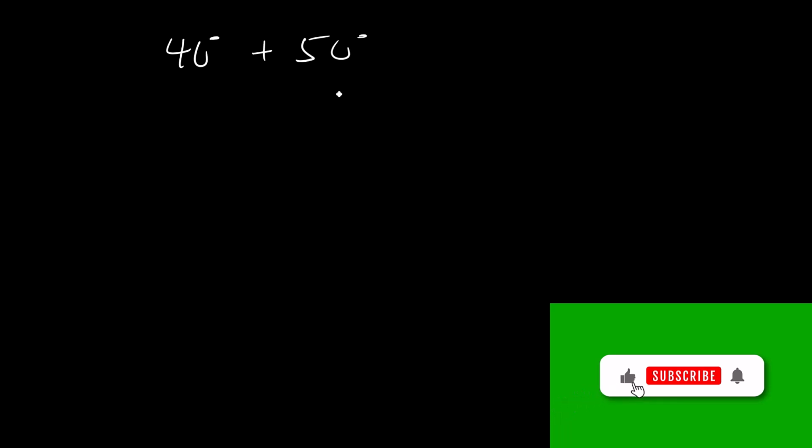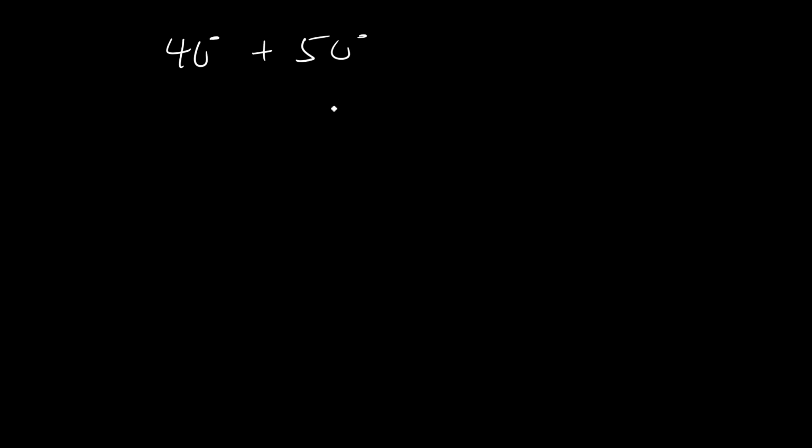All right, so now let's look at complementary angles. There are two angles which add up to 90 degrees. So we can talk about 40 degrees plus 50. Okay. So in trig, the sine of an acute angle is equal to the cosine of its complementary angle. This trick is very, very simple.